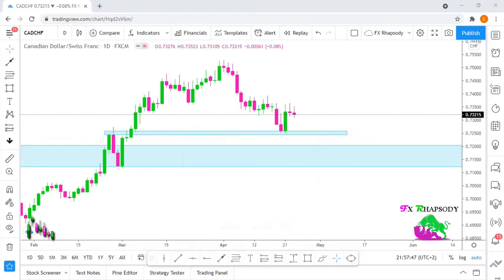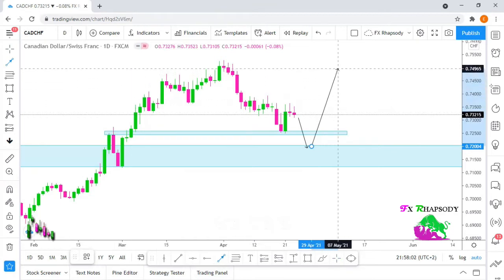If price comes down and makes another lower low, this will be the area it comes down to, and then from here on it's going to shoot up.